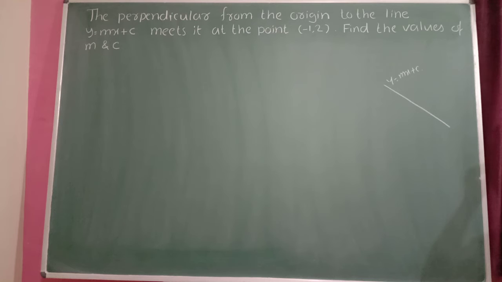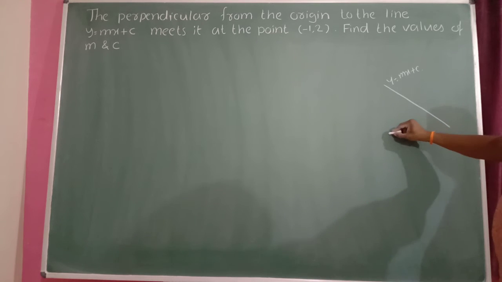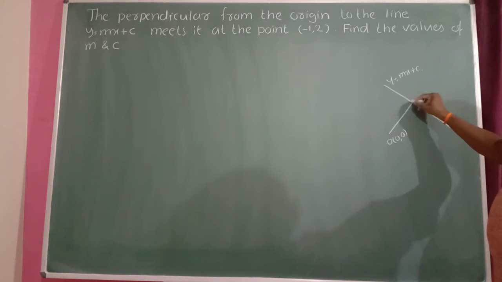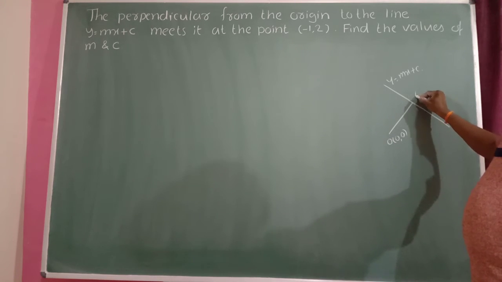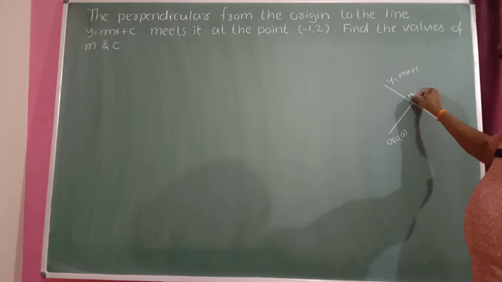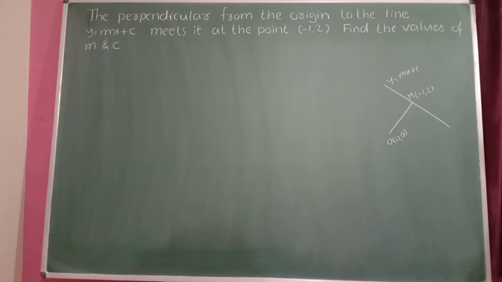Then the perpendicular from origin to this line means this one here. Here is the origin, 0 0, meeting at the point minus 1 comma 2. Consider this point itself as M here. Then what is the value of m and what is the value of c here?